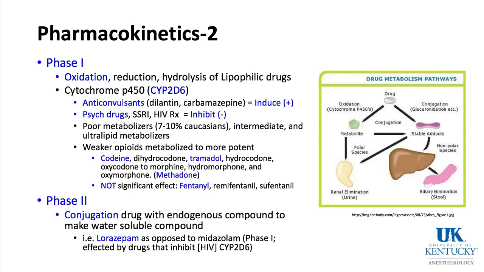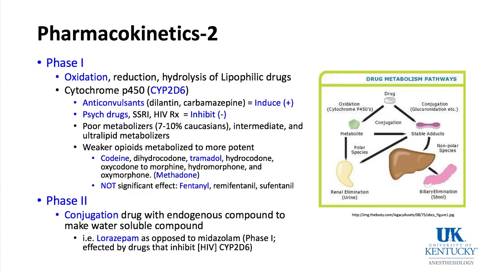Now, another form of metabolism is phase 2, and conjugation is an example of that, where you add a molecule to the drug to make it usually more water soluble, so that it can be excreted in the kidneys or possibly biliary excreted into the stool. Conjugation with a sugar, glucuronate.